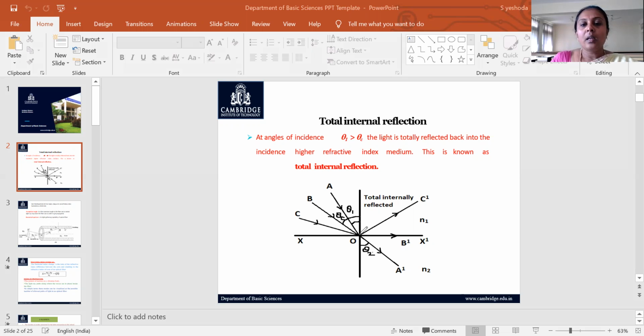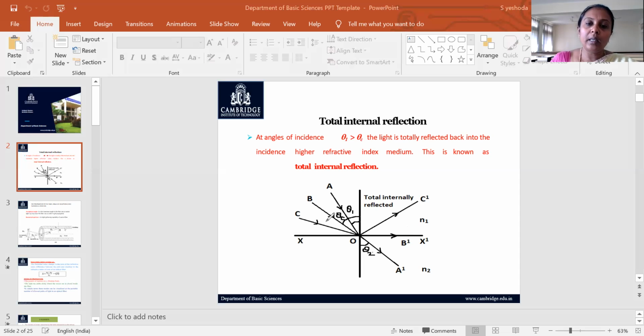It grazes along the boundary between the two mediums. So this is OB dash, the ray which grazes between the two mediums. Let us call this angle theta C. This is called the critical angle. At this angle, the ray is grazing between the two mediums.